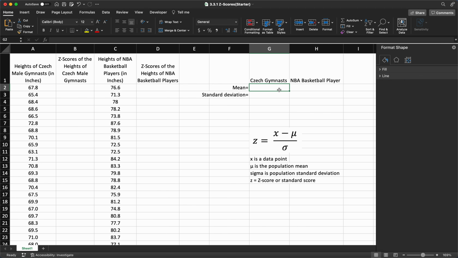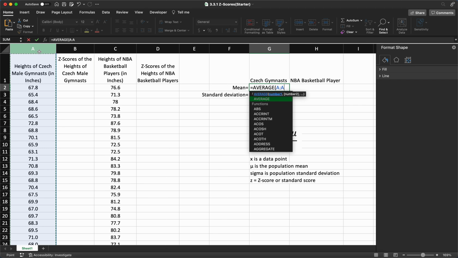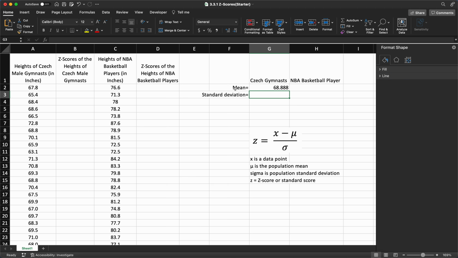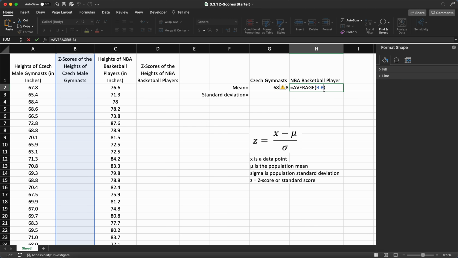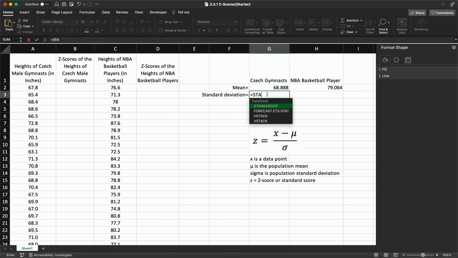I'm going to find the mean. The average of my Czech gymnasts is 68.8. I can copy this over, just change B to C here. And you can see the average NBA player is 79.046 inches. And then the standard deviation.